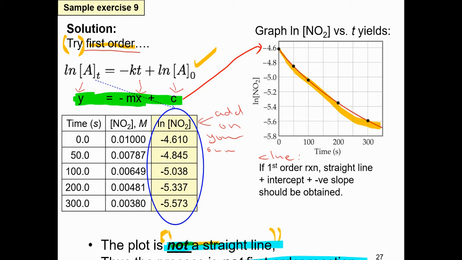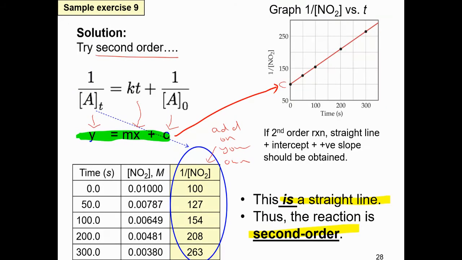If it's not a straight line, then this is not a first order reaction. Although we know this is not a first order reaction, we cannot say that since it's not first order, it is second order. Cannot. It only gives us the information that it is not a first order reaction.